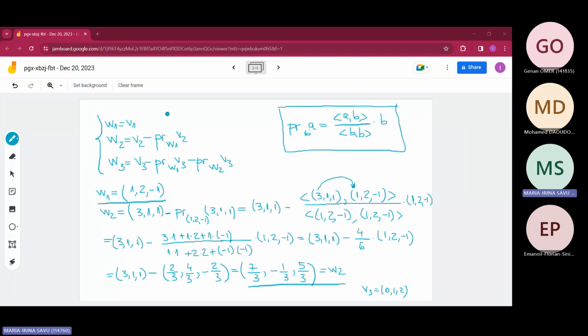Have you found W3? Just a little bit to make the last computation. Oh, okay, I'm waiting.